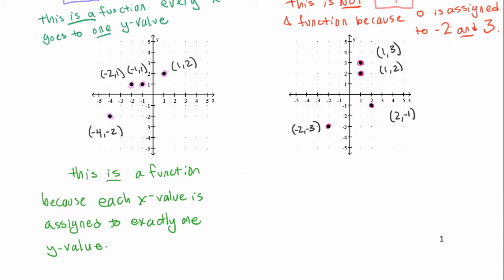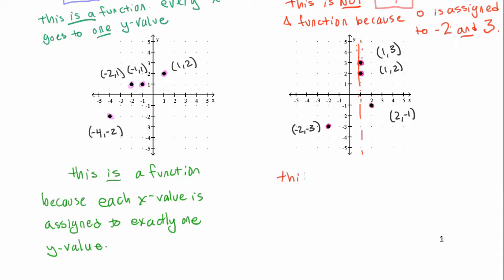And so this is not a function because this single x value, when x is equal to 1, corresponds to y values of both 2 and 3. So if I draw a vertical line through 1, that 1 is getting connected to 2 different y values.